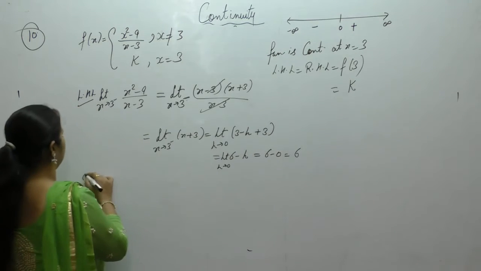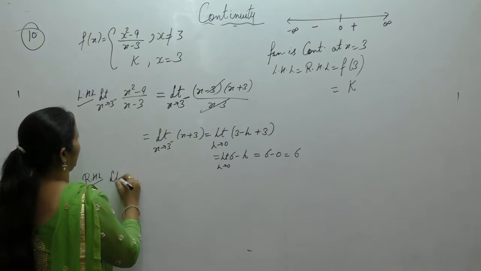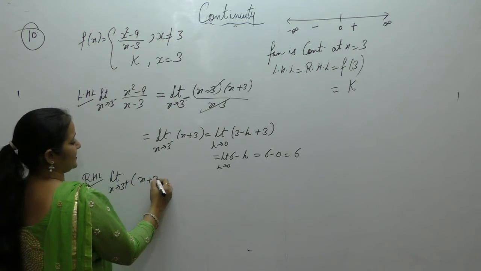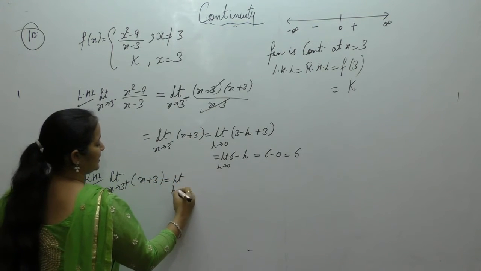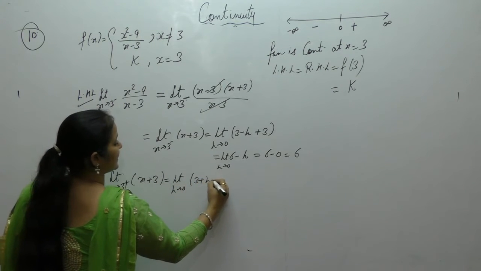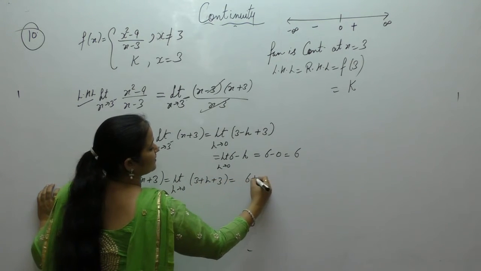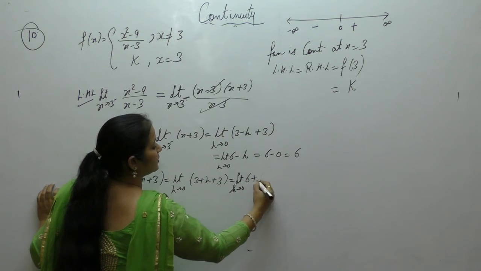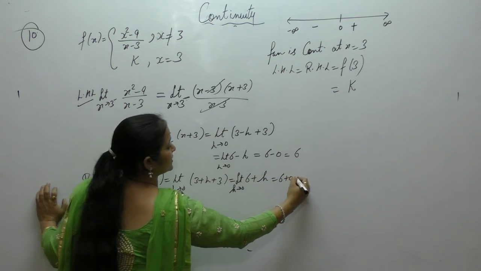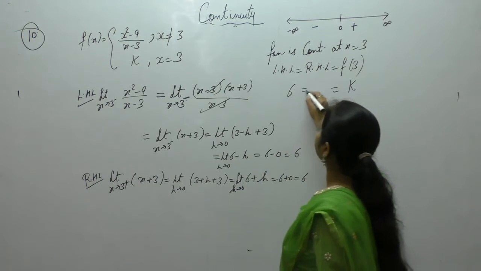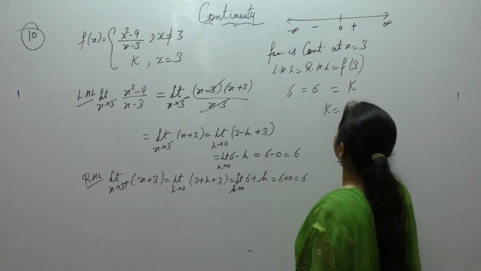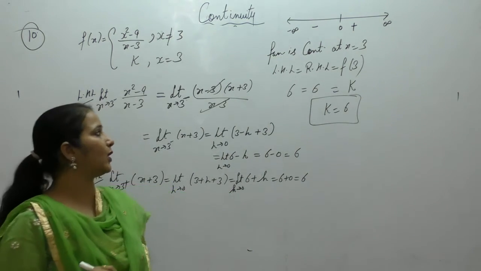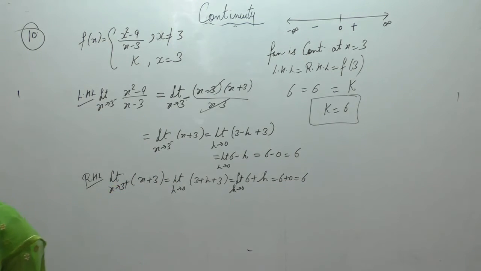Now the right hand limit, x tends to 3 positive, up to here it will be the same. So what are we left with? x plus 3. h tends to 0, 3 plus h plus 3, 6 plus h, limit h tends to 0. So 6 plus 0 is equal to 6. Left hand limit, right hand limit. So we get the value of k as 6 when the function is continuous at the point x equal to 3.